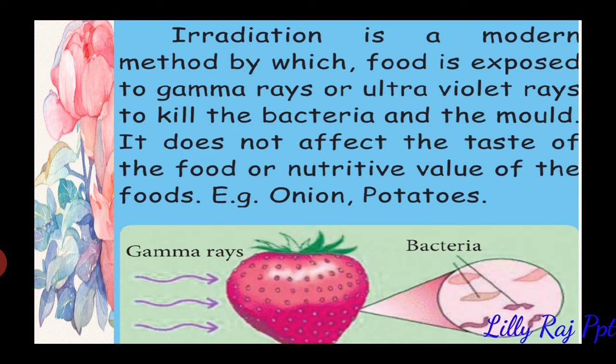Gamma rays or ultraviolet rays are used for irradiation. The irradiation method doesn't affect the taste, color and texture of the food. We can keep these food items for a long period of time for later use.